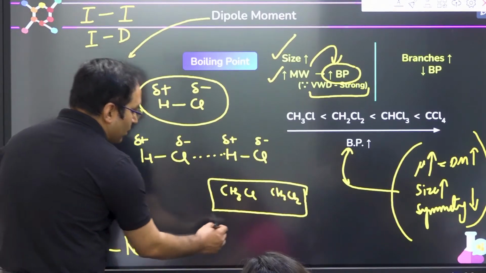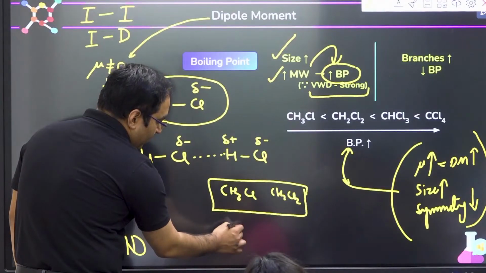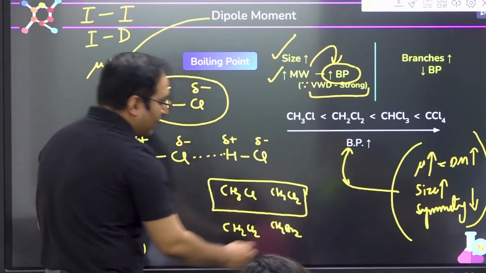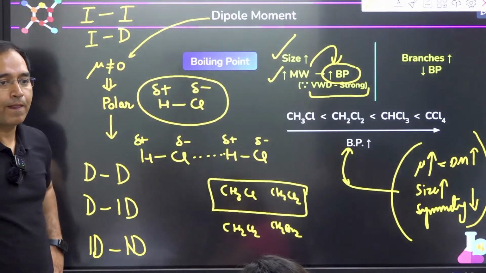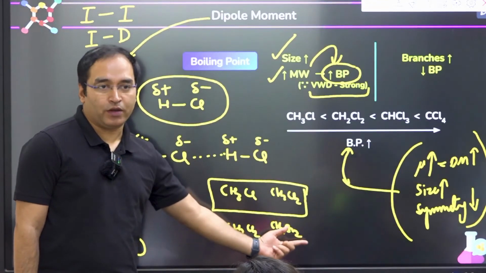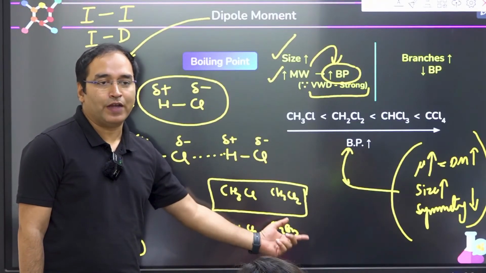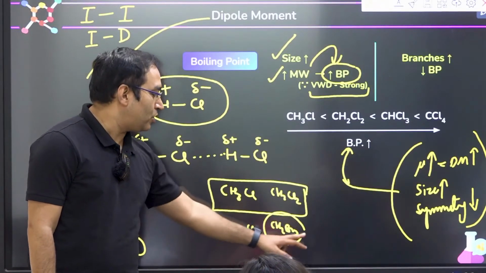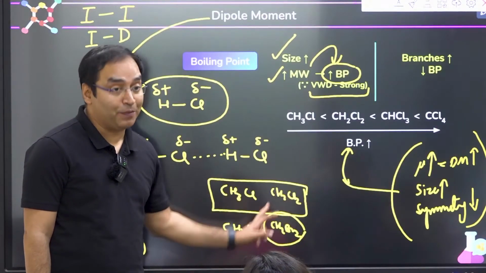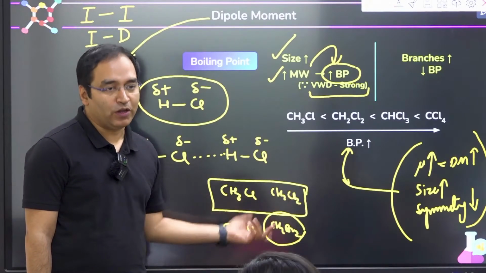But if a question comes, let's say CH2Cl2 and CH2Br2, now which is higher? You should know what the C-Cl and C-Br are doing here. The value of dipole moment you have to check. Broadly speaking, you should think this will have higher boiling point because of big size, big molecular weight.